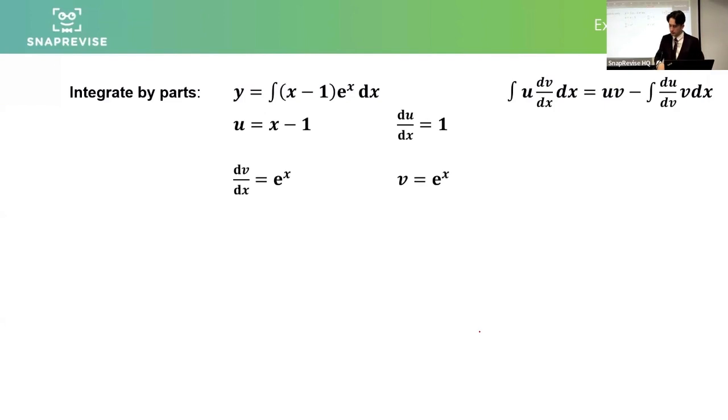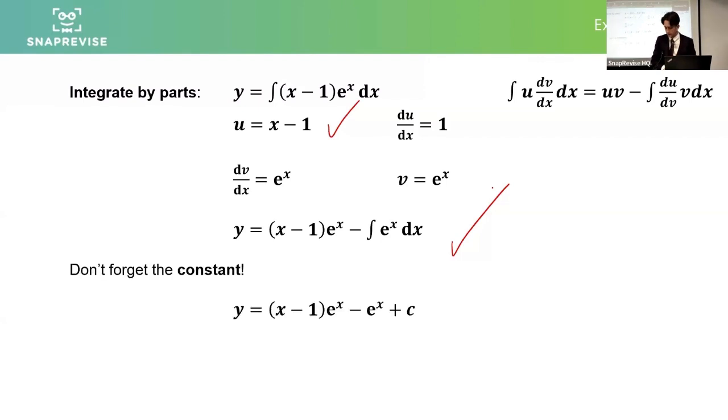And so the first thing would be to differentiate x minus 1 and integrate e to the x, and then basically put that in the formula. And up to this stage, if it were out of 8 marks, you'd have 2 already. So you've correctly identified the technique, given the mark for subbing that in efficiently, and then let's keep going.